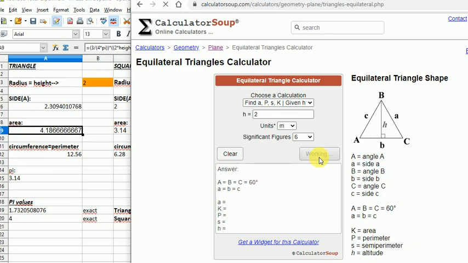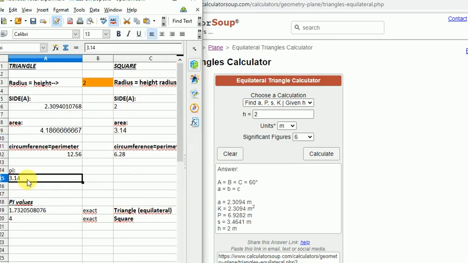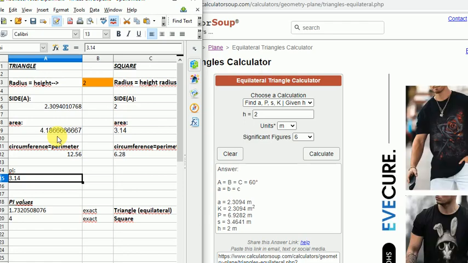Give it a second. It's 2.3. So 3.14 is nowhere near the area if you're to use it to calculate pi for equilateral triangles.